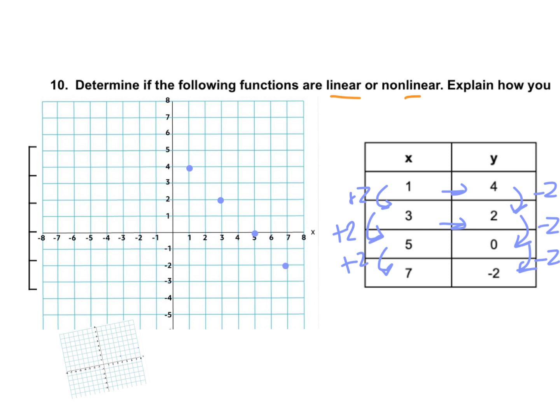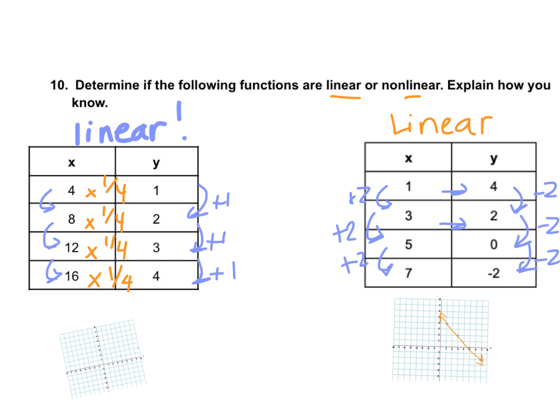A beautiful straight line if I were to connect all those points, and you can see that this one is also linear. So they're both linear. I saw consistency within the tables. I graphed it just to check, and there you go.